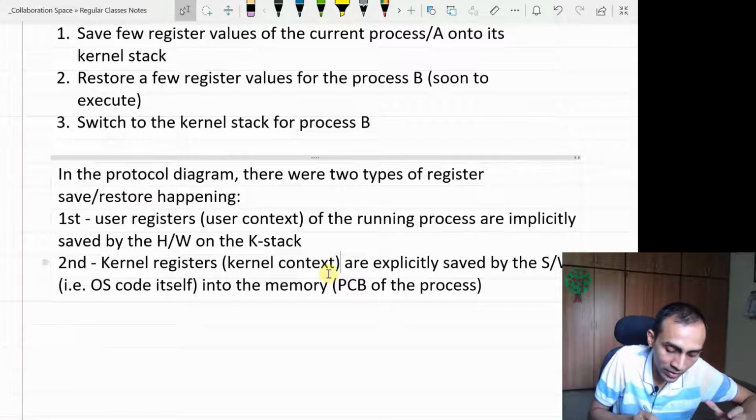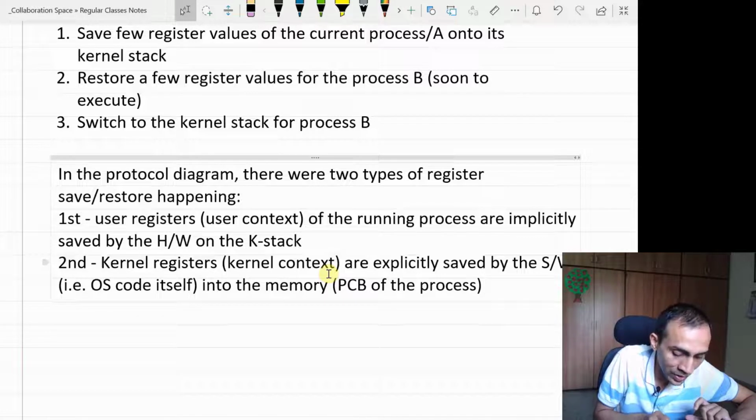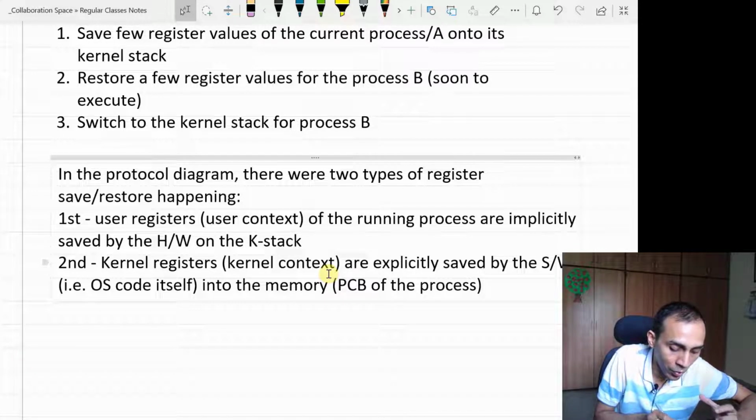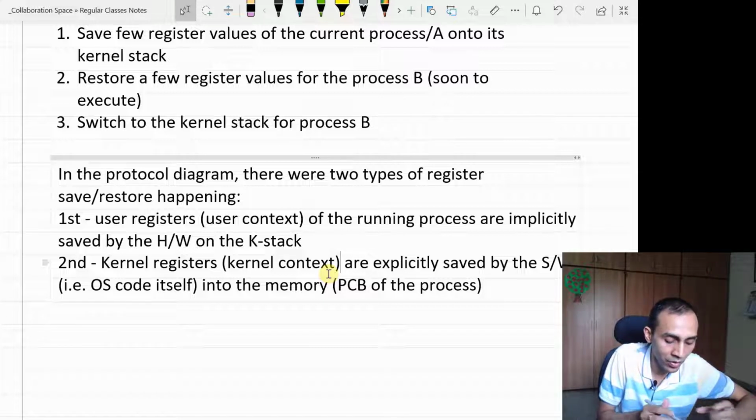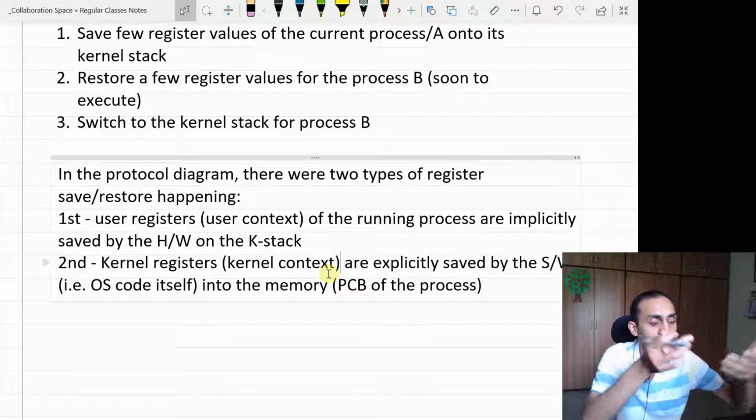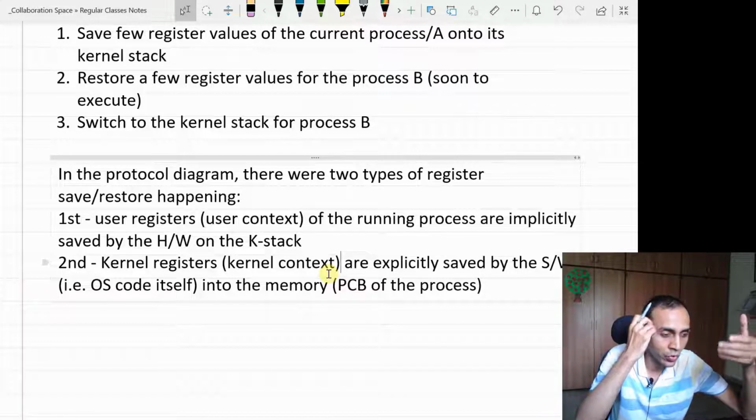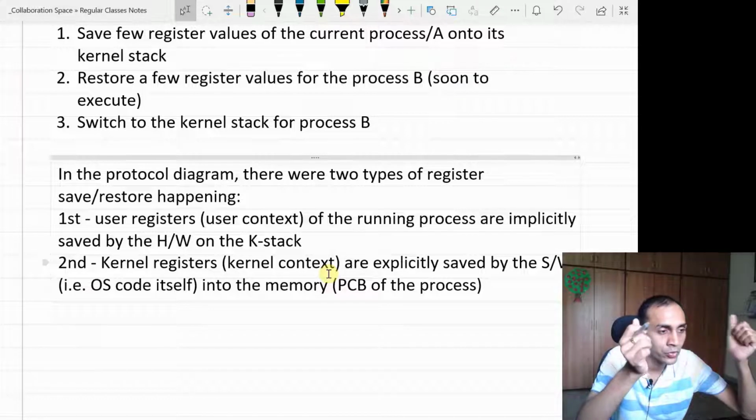That kernel context is saved into the PCB of the process by the software. Generally this context will be a little larger than the normal user context. The normal user context is only meant for running the program, so only those CPU register values will be saved.